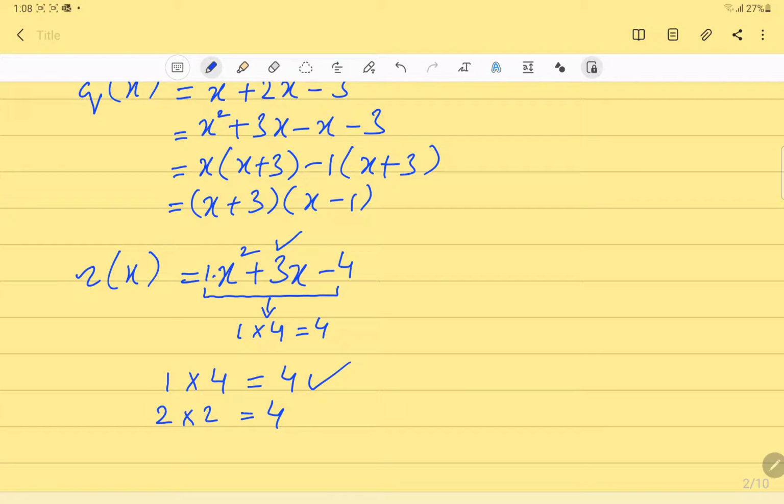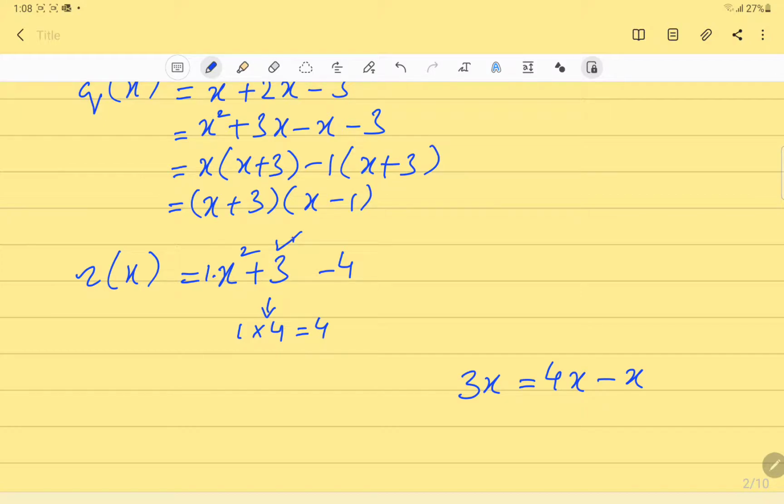So what we will do here, we will replace 3x with 4x minus x. Okay, so x squared plus 4x minus x minus 4.